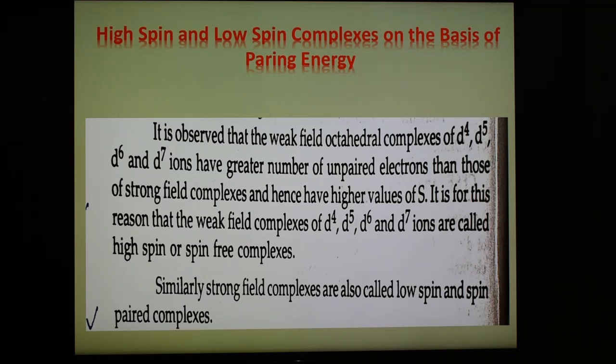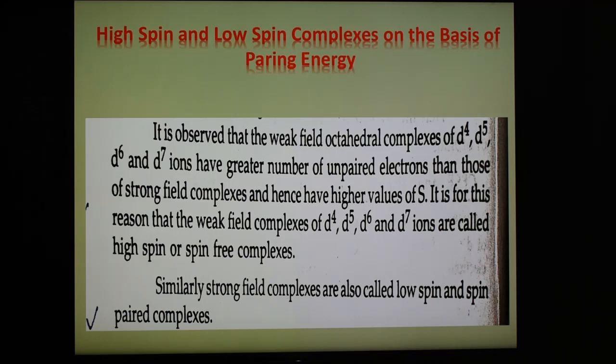Similarly, strong field complexes are called low spin complexes. Pairing energy is the energy required to pair two electrons against electron repulsion in the same orbital. When delta O is less than P, a high spin complex is formed. When delta O is greater than P, low spin complexes are formed.